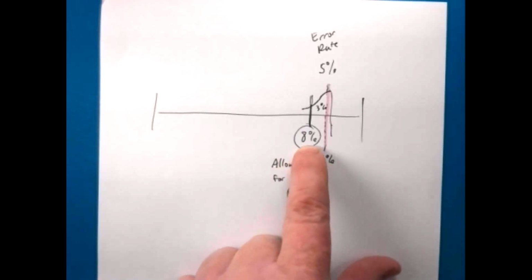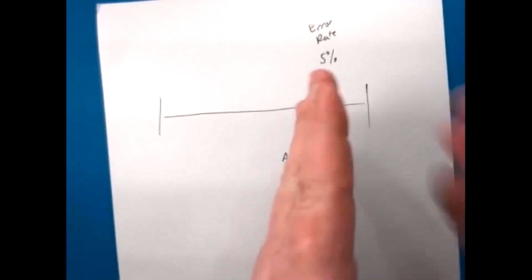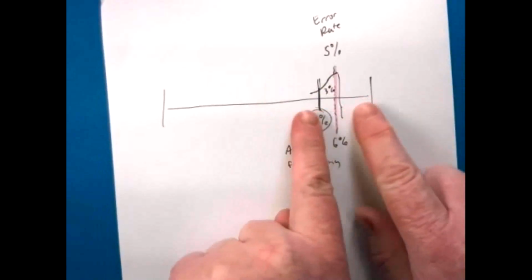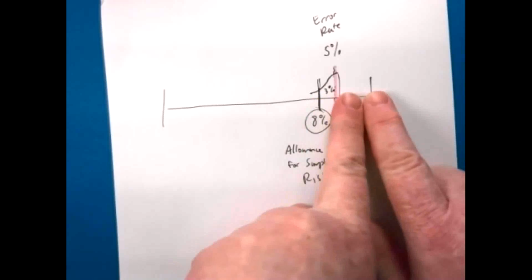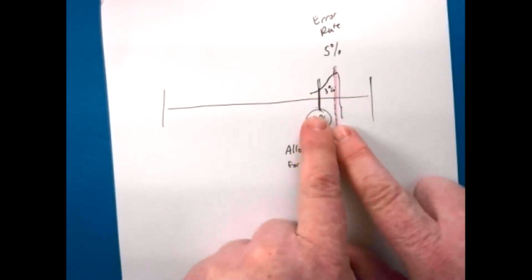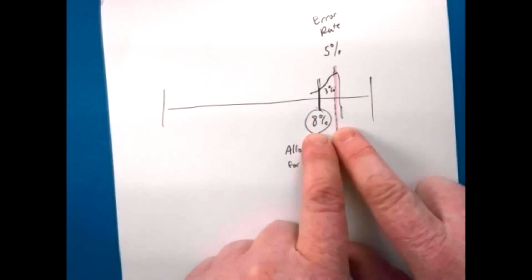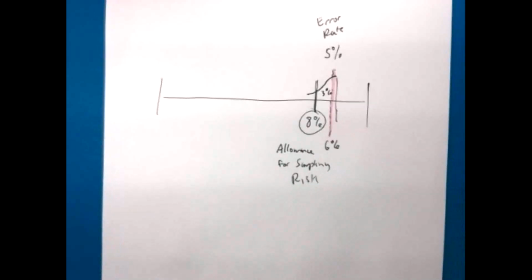Now, what might we do? We might be able to get a bigger sample, and a bigger sample will narrow that in, and maybe even move it to the right. But for the sample that's given, we can't rely on it because it could be up to an 8% error rate in there, at a 95% level or 90% level or whatever it is.